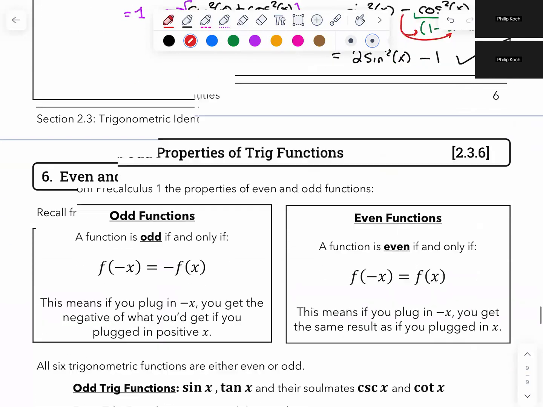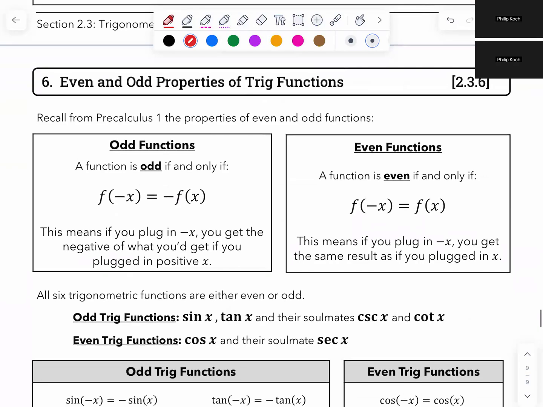It's an interesting property. A function is odd if it is symmetric with respect to the origin, which makes it so that if you plug in a negative x into the function, the negative sign comes right out front. What that's saying is that when you change the x coordinate from the right to the left, the y coordinate goes from the top to the bottom. That's what it means.